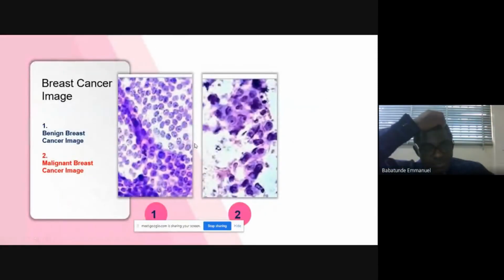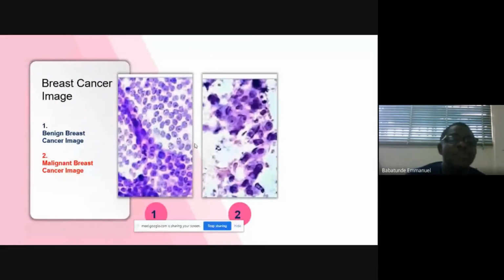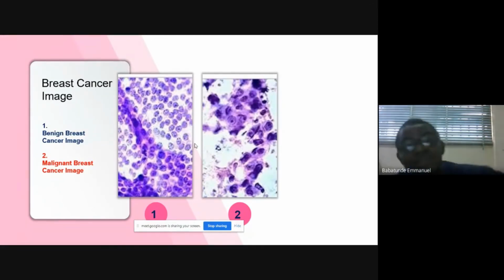Now, this is the breast cancer image, a microscopic image that is collected through fine needle aspiration biopsy. The first one is the benign sample, what we can call the healthy sample. The second one is the malignant sample. You can see some form of regularity in the nucleus of the cells in the benign sample, and you see a lot of irregularity in the malignant breast cancer image.